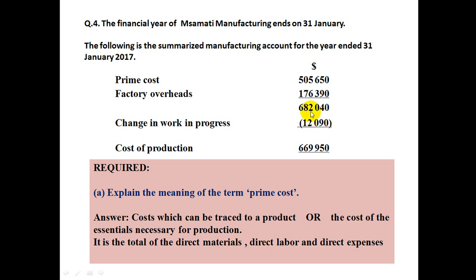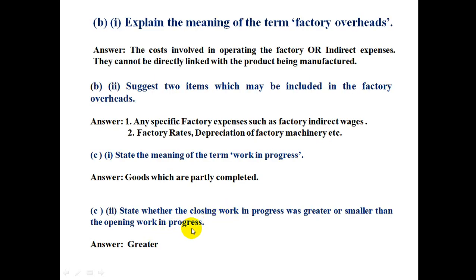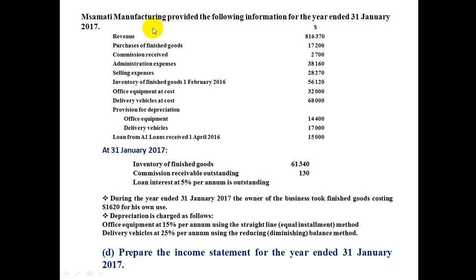If the final change is being subtracted, it shows that ending work in progress was more than the beginning work in progress. Therefore, our answer for this question is the ending work in progress is greater than the beginning work in progress. After completing these questions, let's move to the part B.